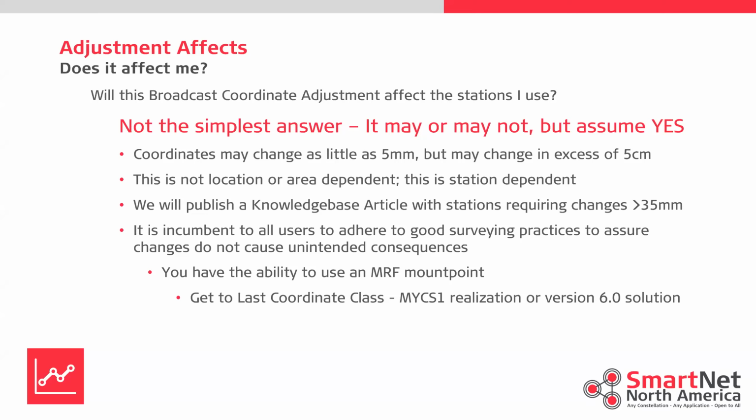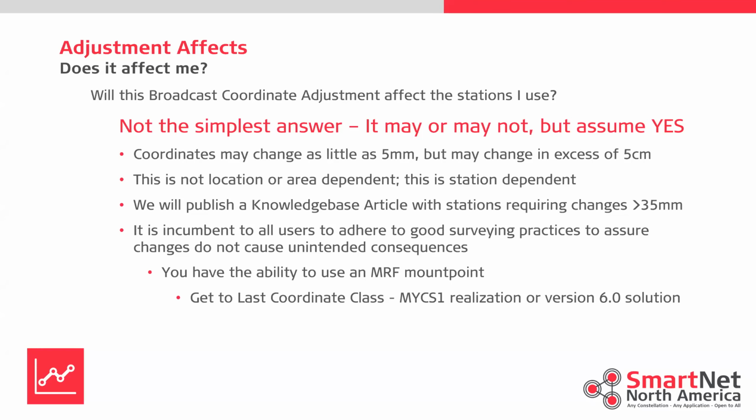We are offering the ability to use an MRF mount point. This allows you to get to the last coordinate class, the NYCS1 realization, or the version 6.0 solution. You can get back to that for a period of time, and that period of time is from right now, literally, December 6th is when the MRF mount points went live.